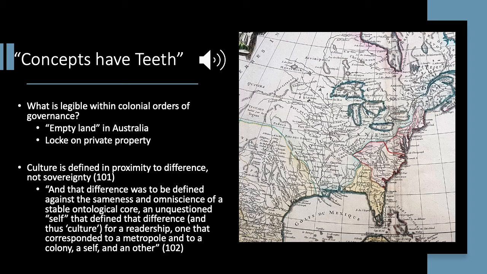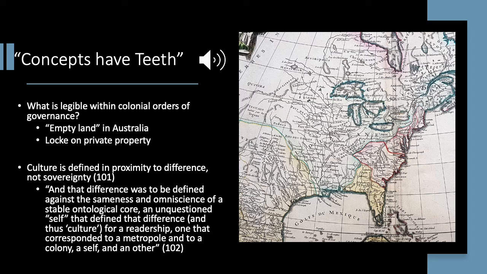These logics, we can go back to Locke and his theory of private property. Locke's theory of private property was that people enact labor on the land, and by enacting labor, they come to own it. And for Locke, any civilized society has a notion of private property based on this concept of laboring, of mixing in labor with natural resources.